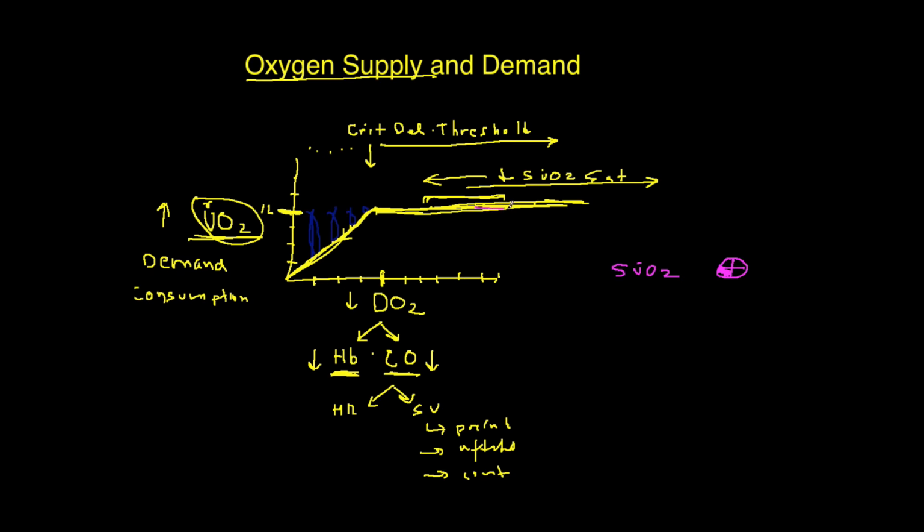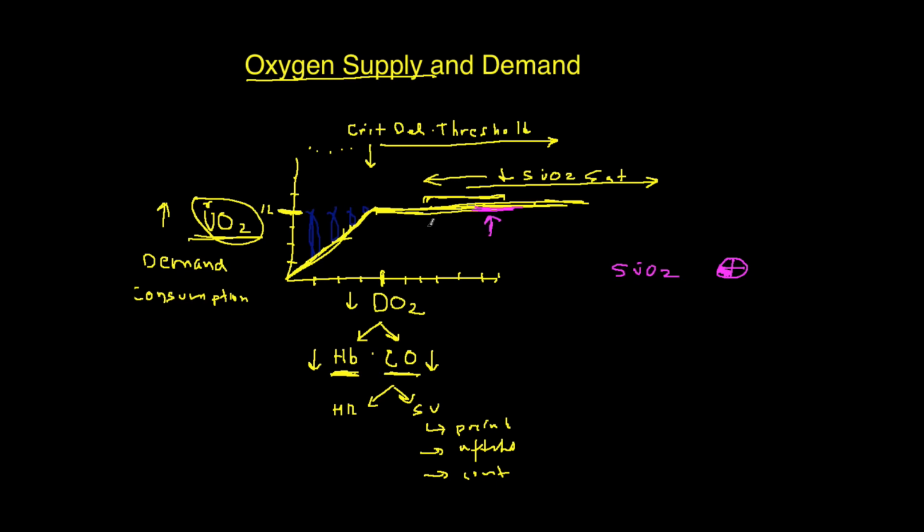And that certainly is consistent with most patients, basically, or us, living way out here on this part of the curve, which means that we can tolerate drops in hemoglobin. We can tolerate some drops in cardiac output, whether it's dehydration, whether it's higher afterload due to excitation, or need to maintain cerebral perfusion, etc.